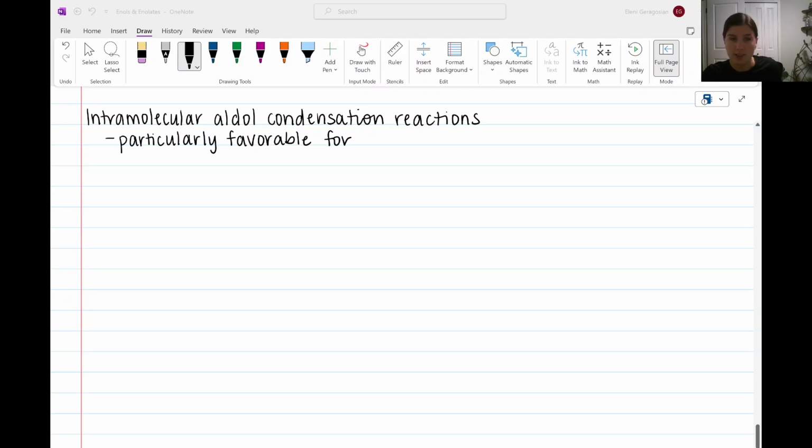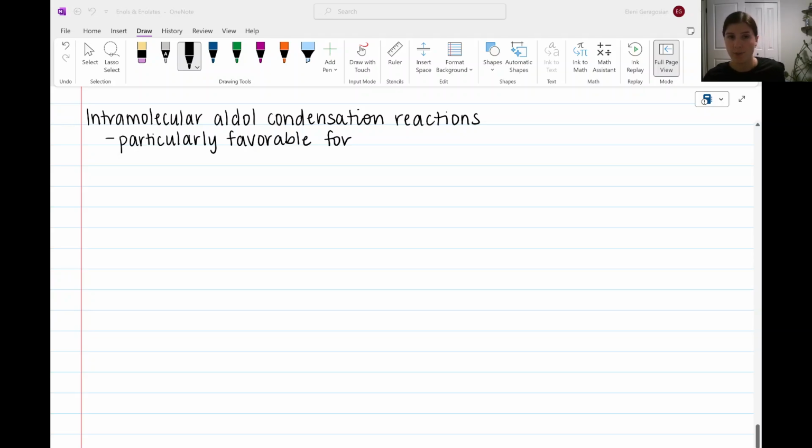Now, aldol reactions occur between two carbonyl-containing compounds. It's possible for two carbonyls to be present in one molecule, and that molecule can undergo an aldol condensation reaction intramolecularly.